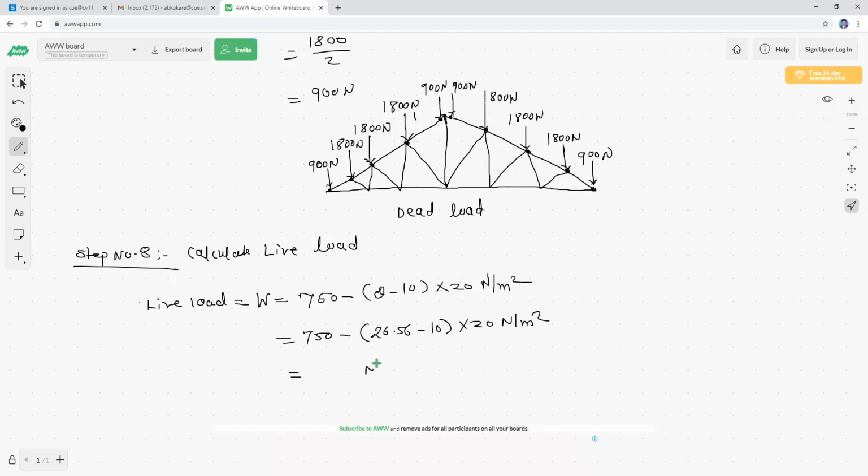So how much live load in Newton per meter square?